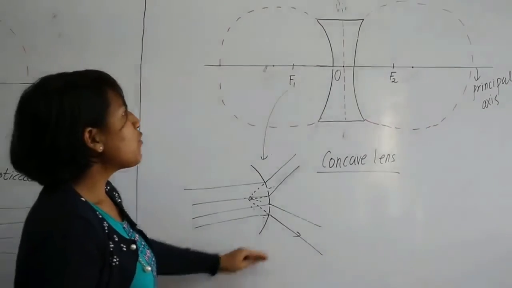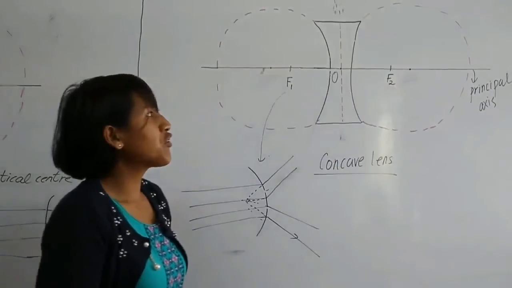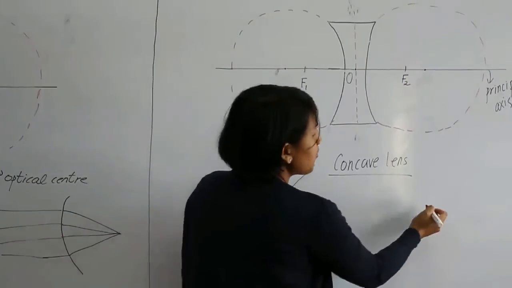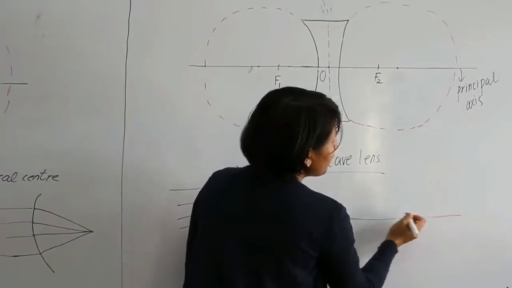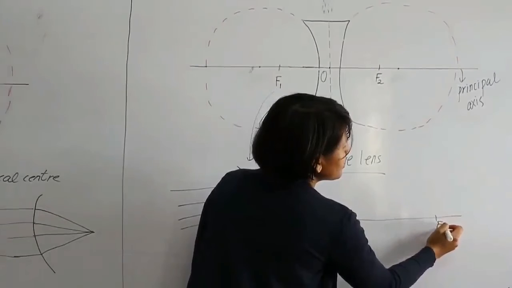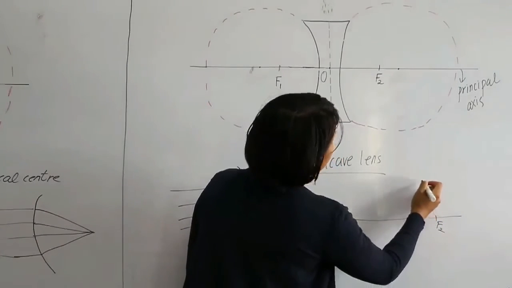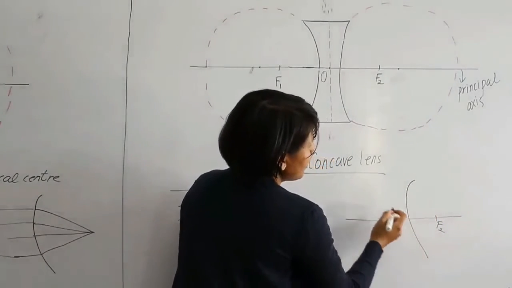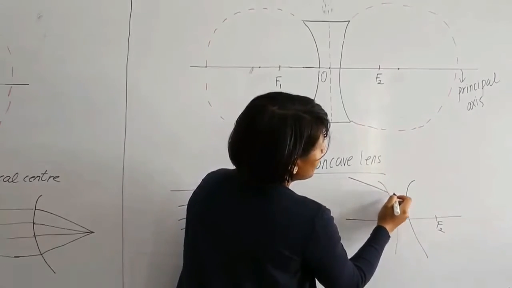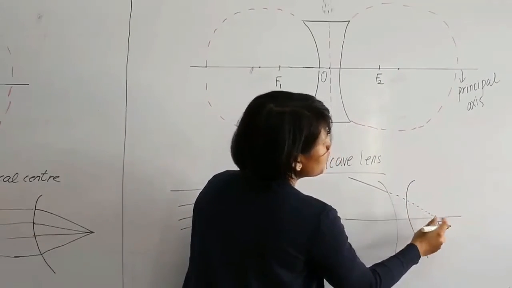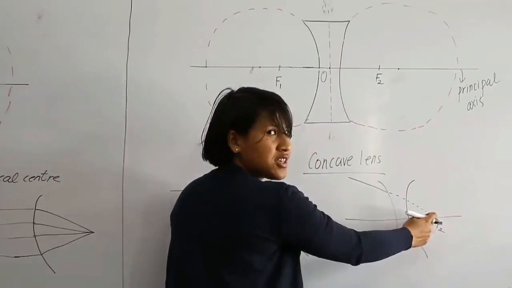However, what is the second principal focus of the concave lens? This is a point on the other side. This is F2. Now we have this lens here, and there will be rays seeming to pass through this focus.